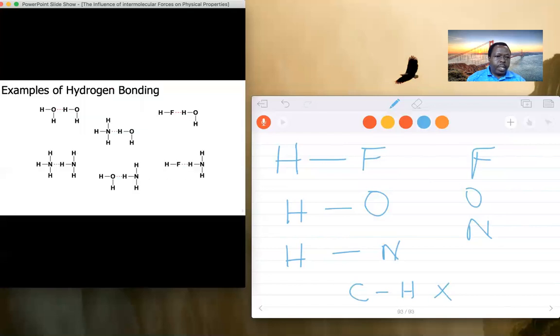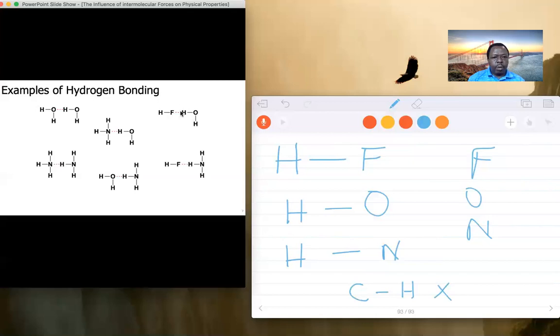An example here is H2O. If you look at the water molecule here, oxygen is associated with the hydrogen of the neighboring water molecule. Special type of dipole, dipole. If I look at hydrogen fluoride, fluorine is attracted toward the hydrogen on the neighboring molecule.